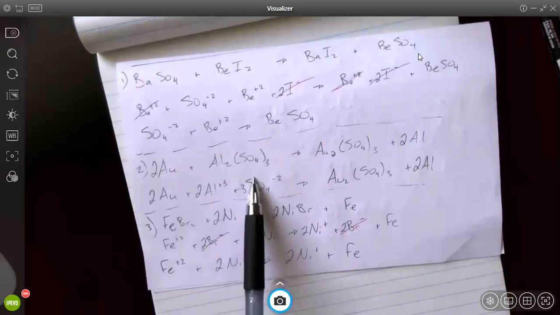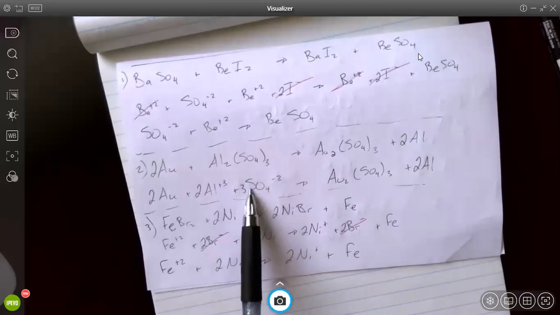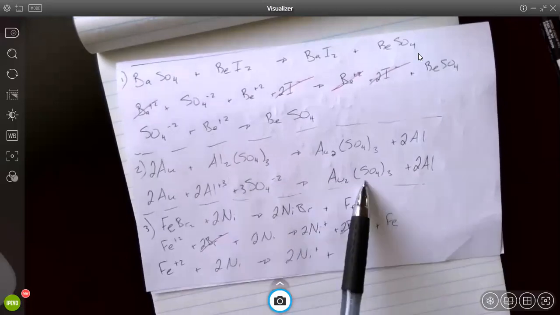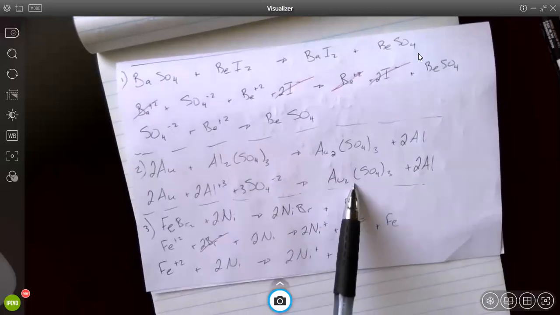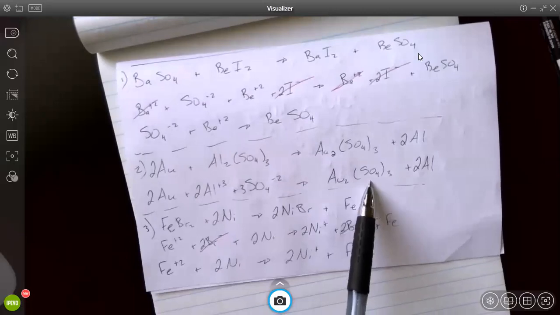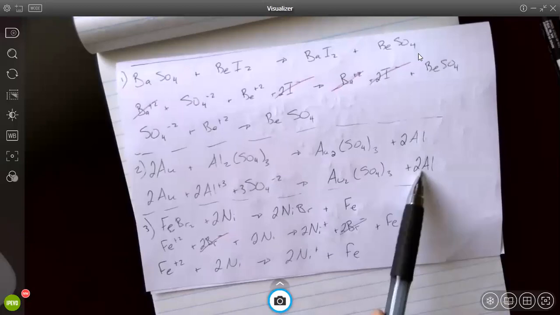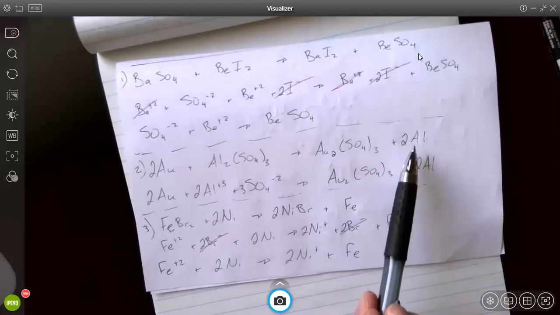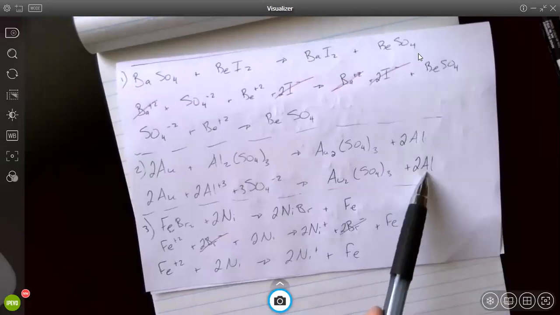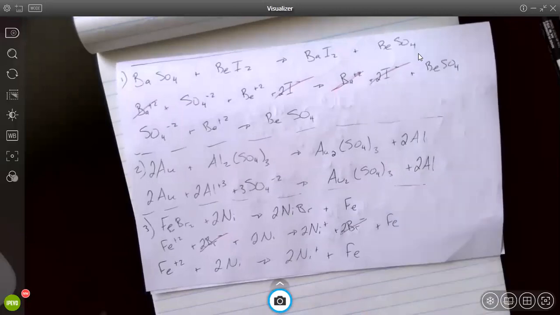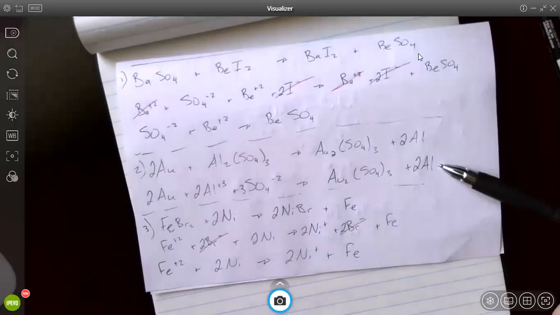Our ionic compound gets broken apart, and then if you check gold sulfate on your solubility table, you'll see that it will be a precipitate, so it's not going to break apart. And then our aluminum was solid aluminum, not an ion, so it's not ionic either. And so this reaction actually won't have a net ionic equation because there are no spectator ions. So all you have is the full chemical equation and then the full ionic equation.